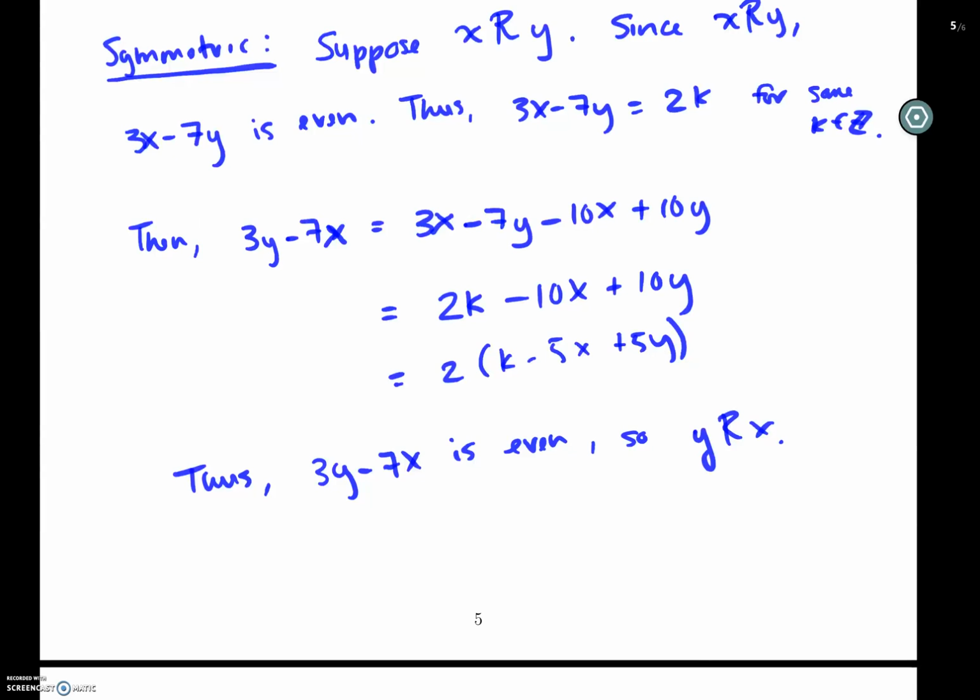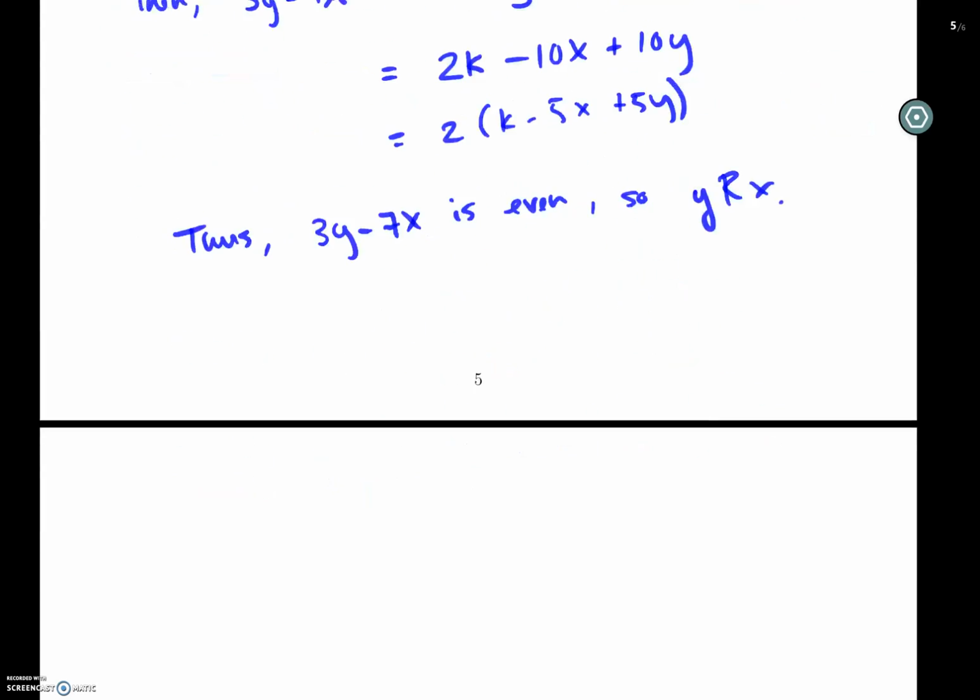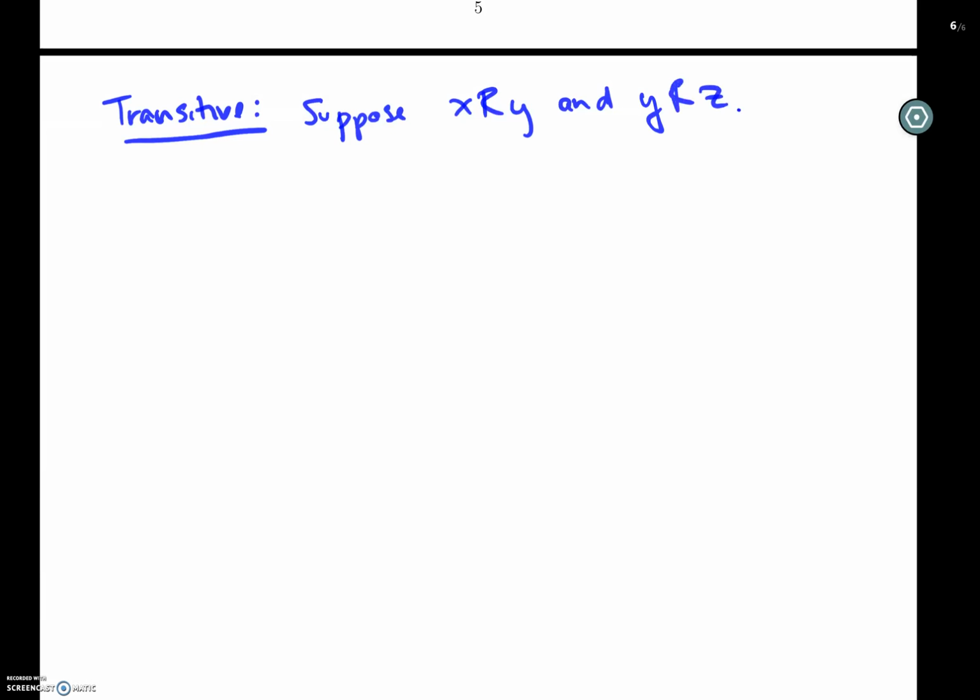So the last thing we need to show is transitive. So we will begin by supposing that x is related to y and y is related to z.